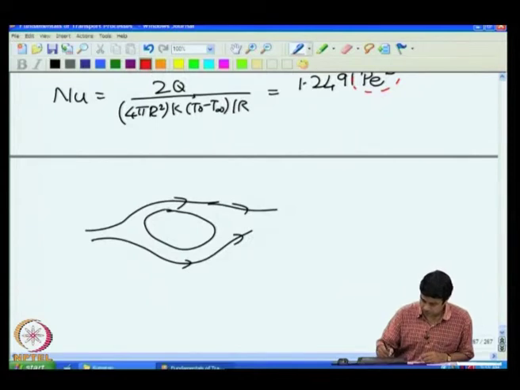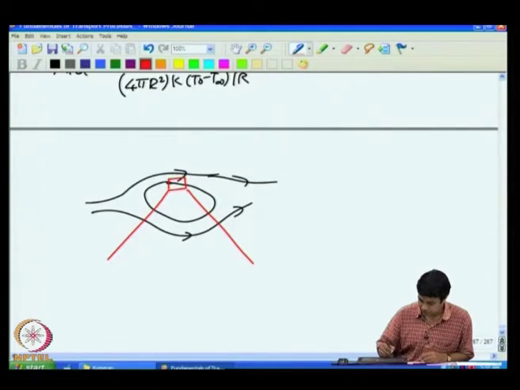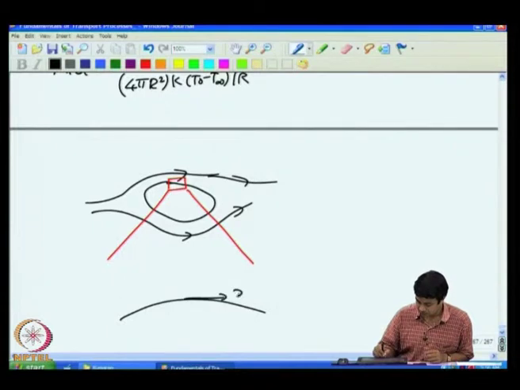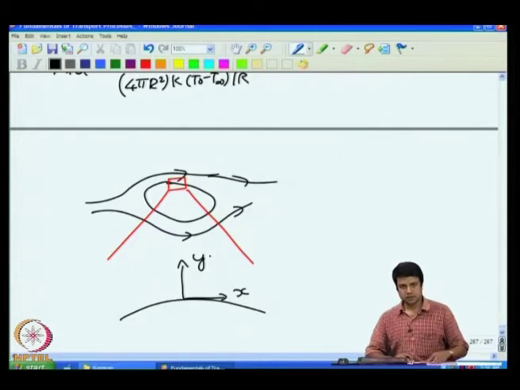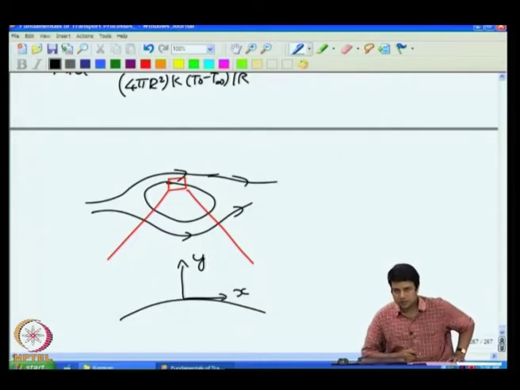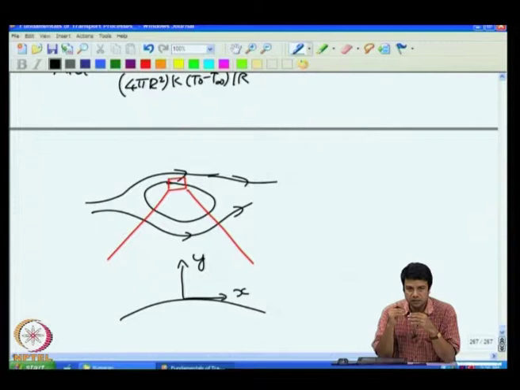And if I look at a region which is very close to the surface, and I am focusing on a thin region, therefore, locally I can take x as the streamwise coordinate, y as the cross stream coordinate locally at a point, because I am focusing on a very thin region.